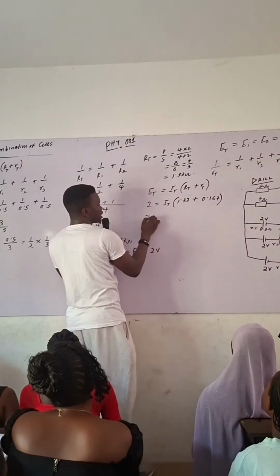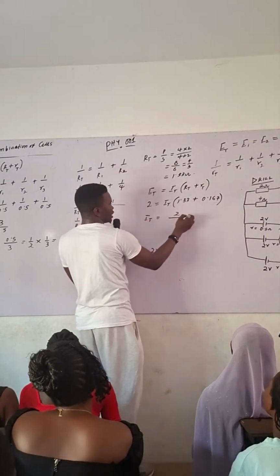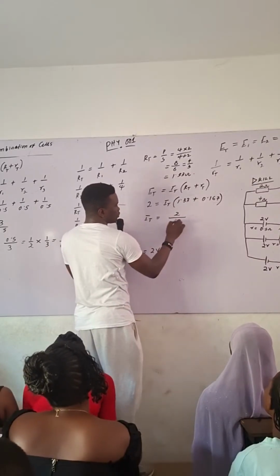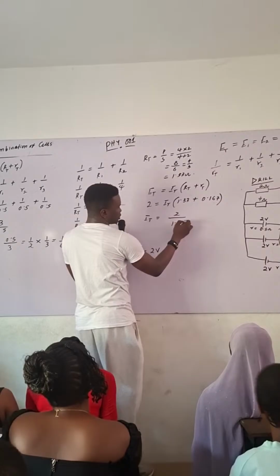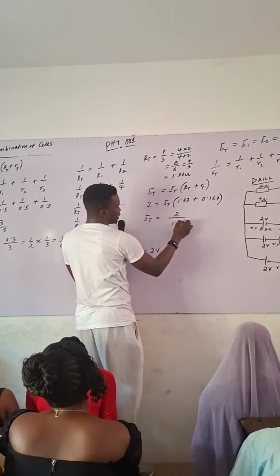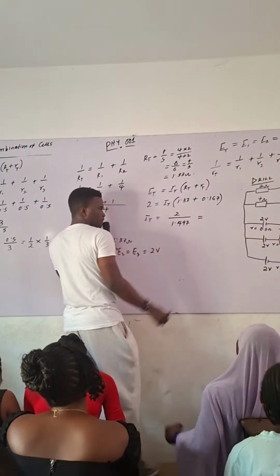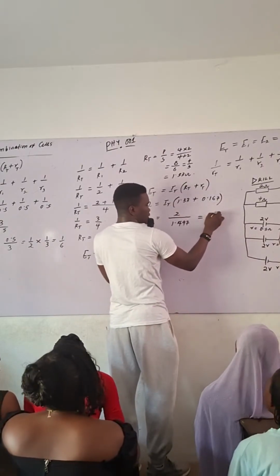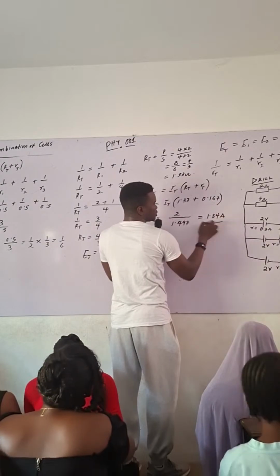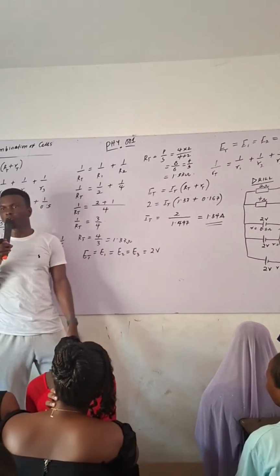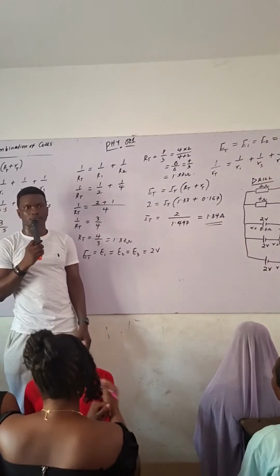So I total can now be equal to 2 over, what's this in total? 1.49. Then what would that give you? 1 point... So the current flowing in the circuit is 1.34 amperes.